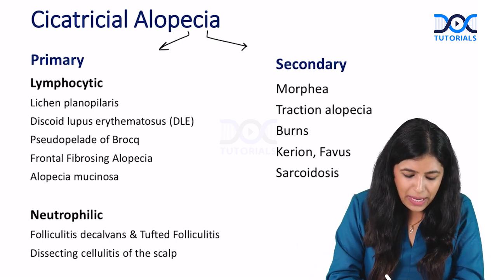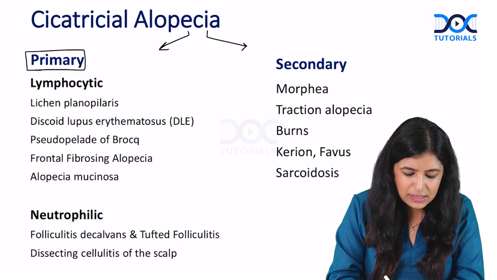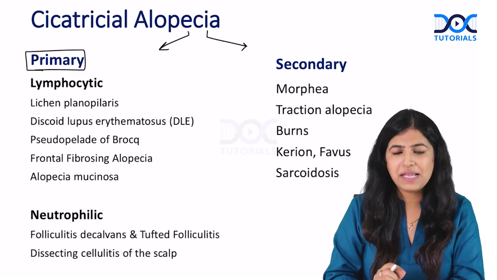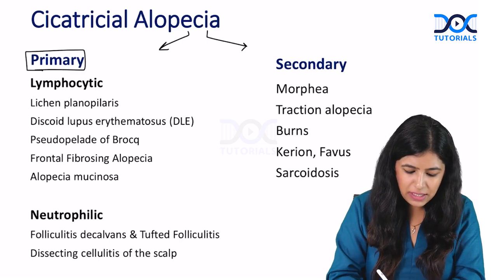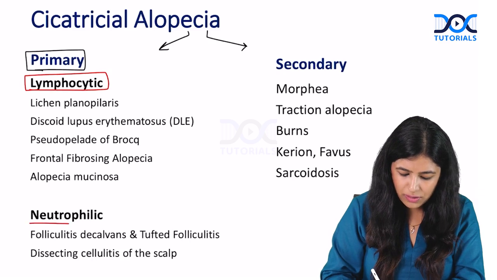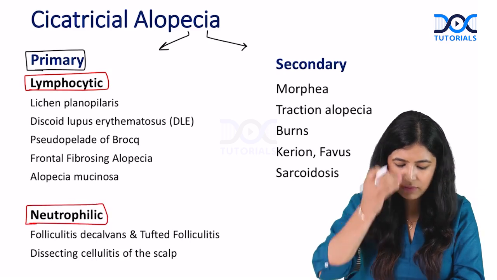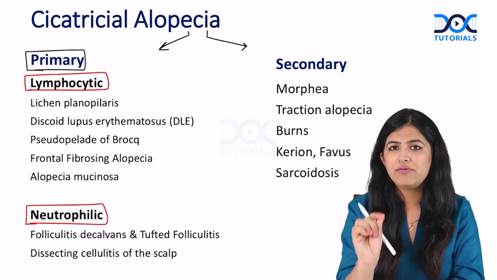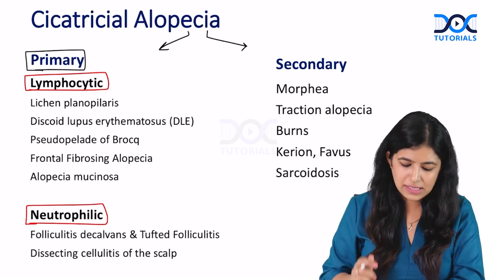Now, in the primary cicatricial alopecia, there is an inflammation. Depending upon the predominant inflammatory cell here, we can classify it into lymphocytic type of cicatricial alopecia or a neutrophilic type of cicatricial alopecia. It just tells us what is the primary inflammatory cell in the skin.